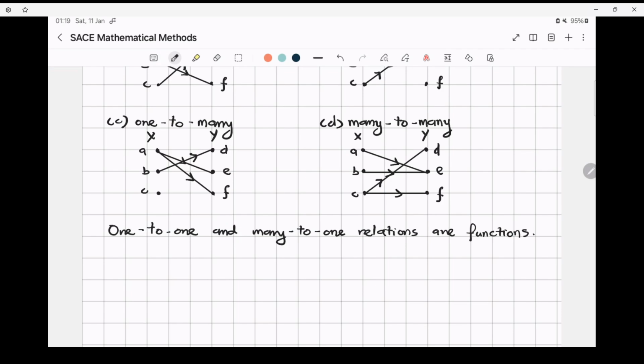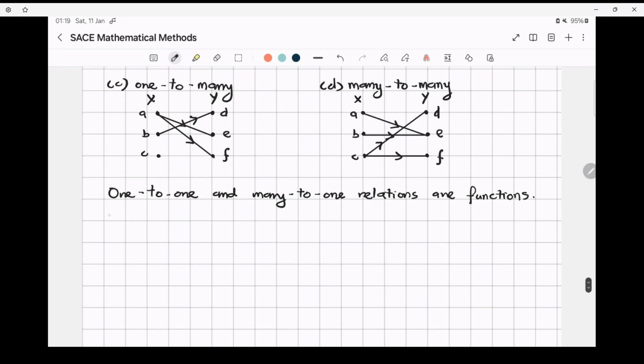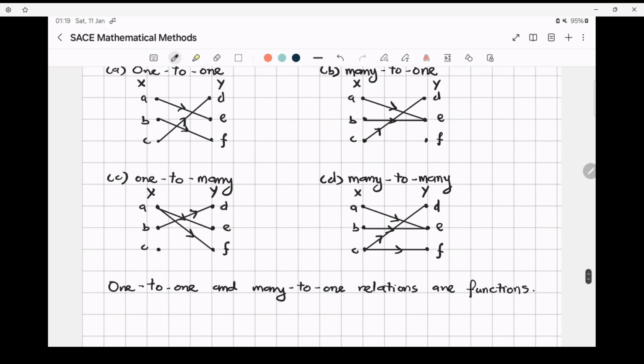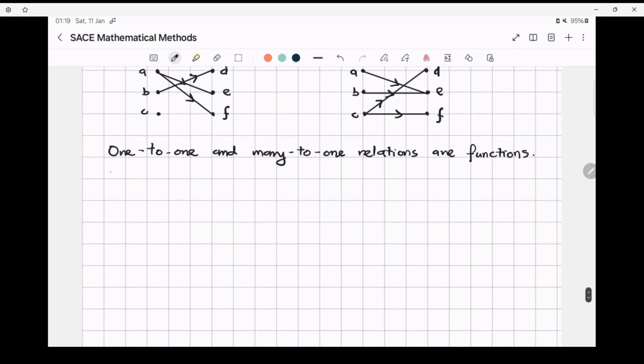Okay. So we have covered what is a relation. Now let's look at the definition of a function.